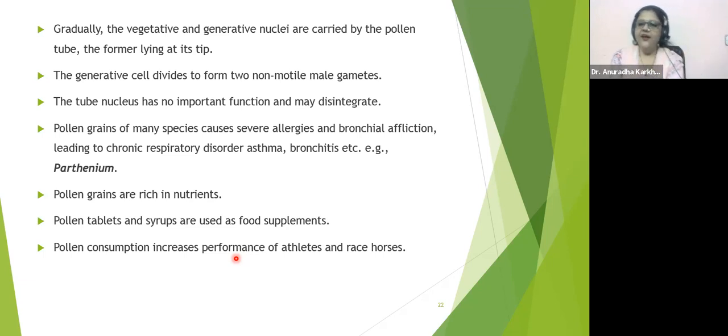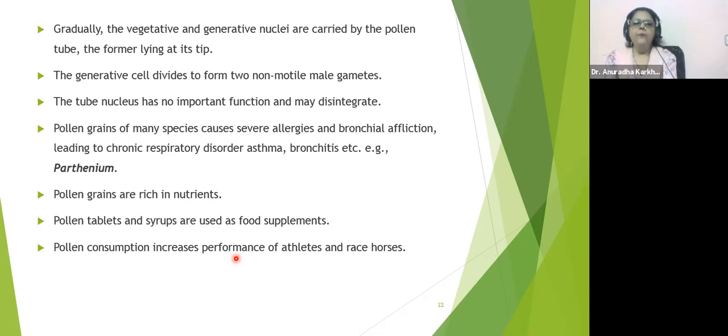Yes, that's true, Vedant. Agreed. Okay. Now, the next is what? See, the tube nucleus has no important function and may disintegrate. The nucleus of the tube cell in the pollen tube has no specific function.